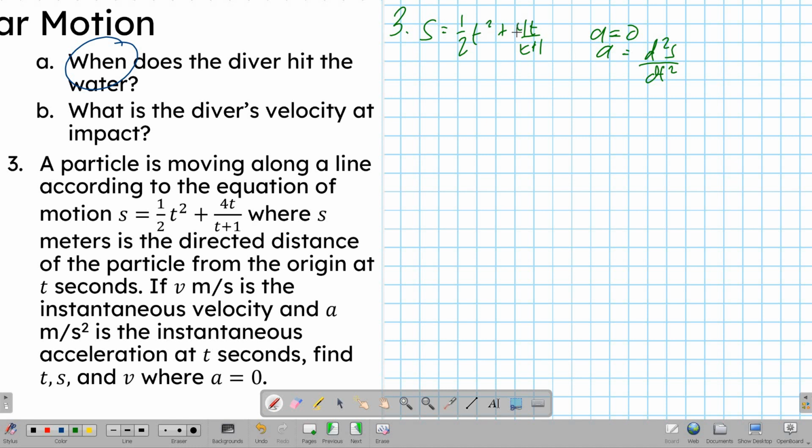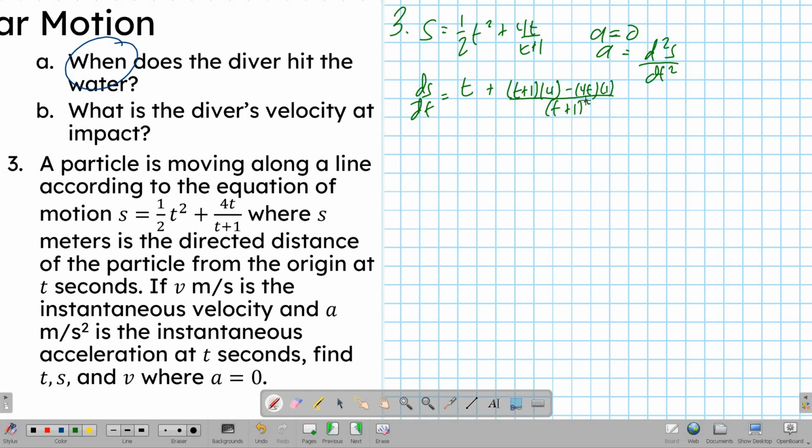So first, for the first derivative, ds over dt would be equal to t, since the first term simply becomes t, but the second term is a bit more complicated, so we'll use the quotient rule here. We have low d high minus high d low, all over low squared.